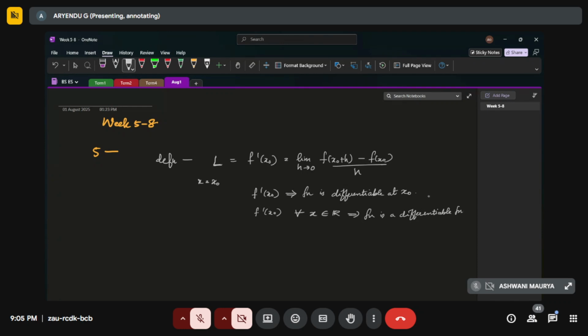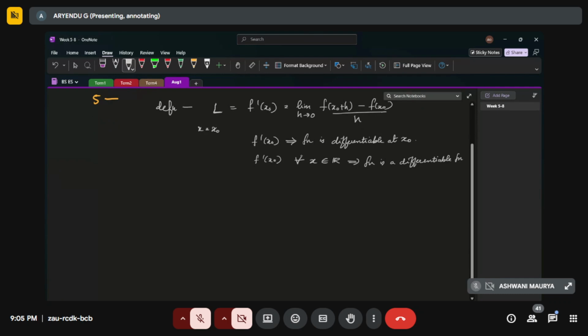A function with breaks, like the mod function, is not continuous. A function that is not continuous will not be differentiable. And we can also say that a differentiable function will always be continuous.